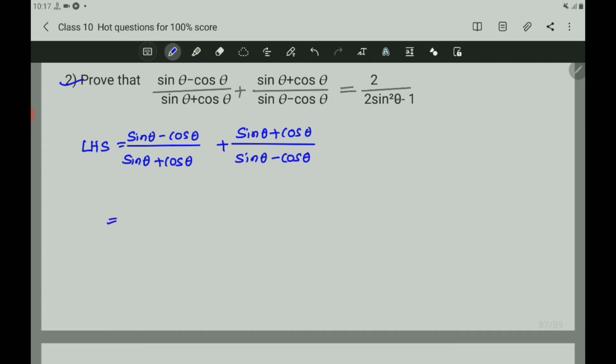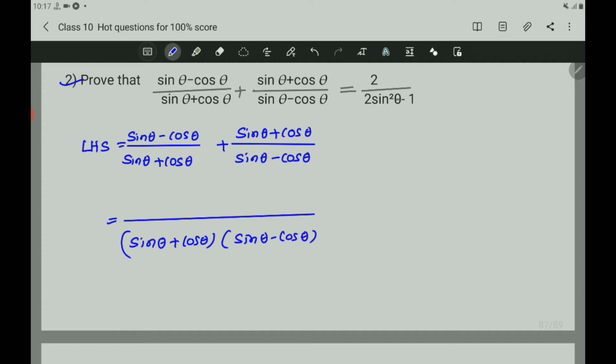That equals, here you take the LCM of these two. LCM of these two is nothing but the product of the two. So you write the LCM is sin theta plus cos theta into sin theta minus cos theta.